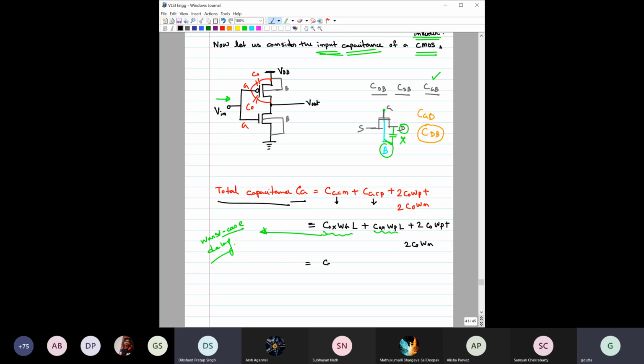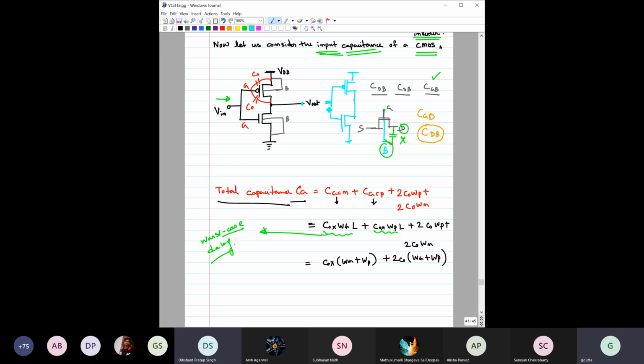Just now, I think you can represent it like this: WN WP plus 2C naught here WN plus WP. Just a bit of simplification, right? Now suppose you have an inverter here, and this inverter has to drive the next stage inverter, right?